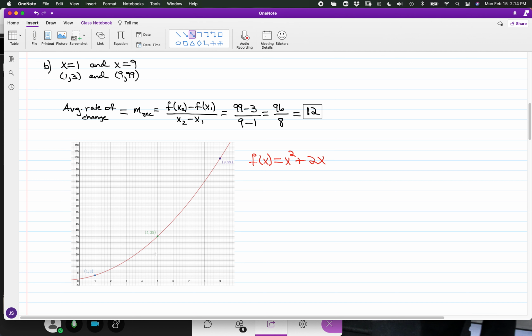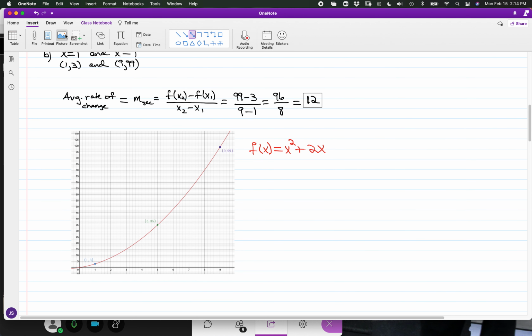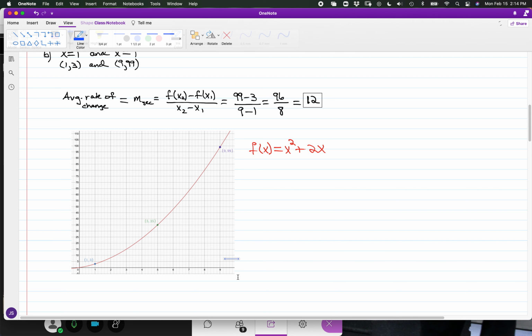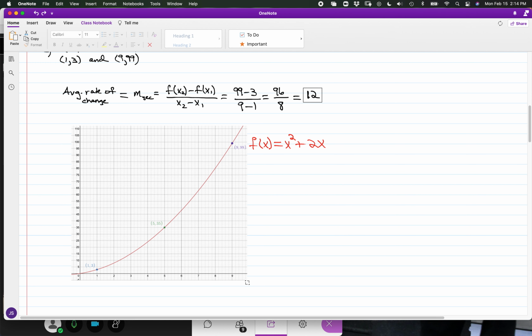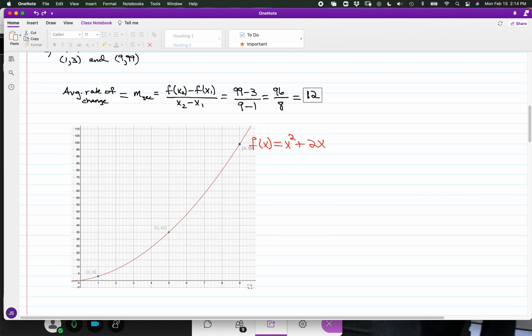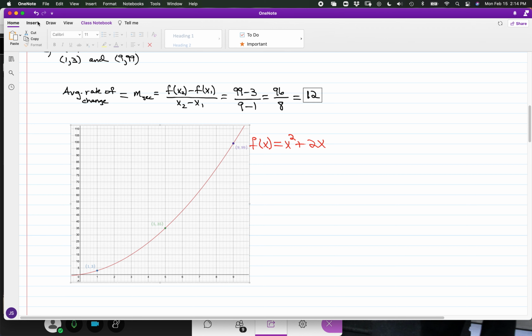And in the case of the secant lines, let me readjust this one here.